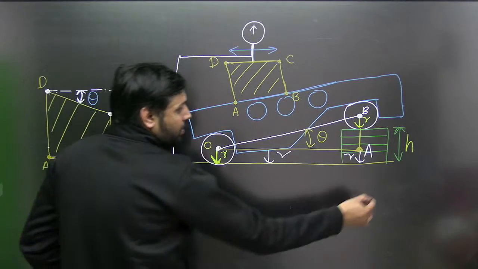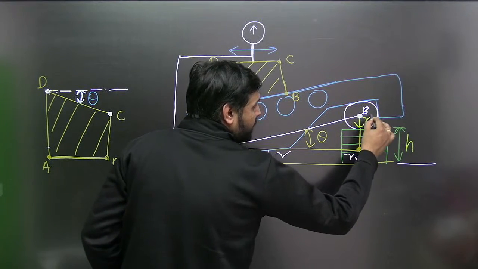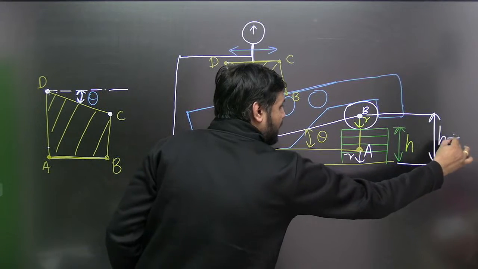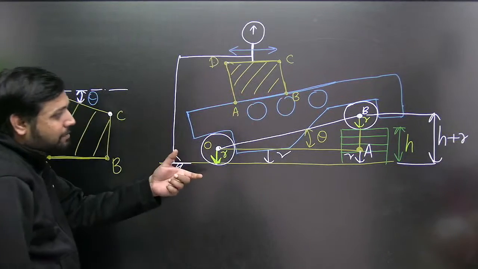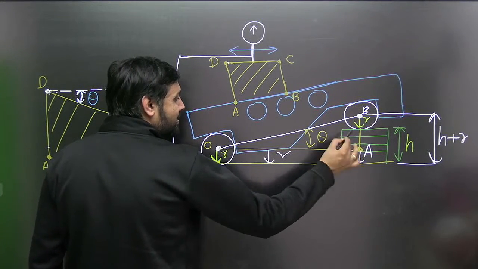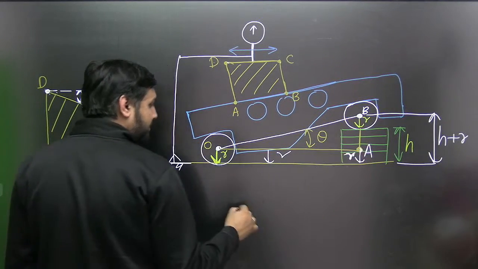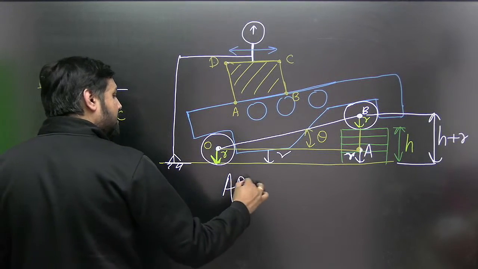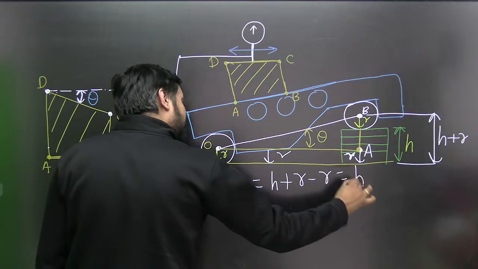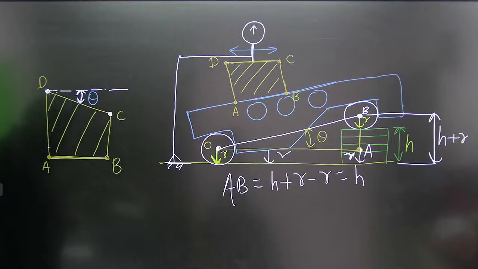And from here up to this point, it is H plus R. From that H plus R, if you subtract this R, you are going to get AB. What is AB now? H plus R minus R, and that is equal to H. That is the slip gauge height.